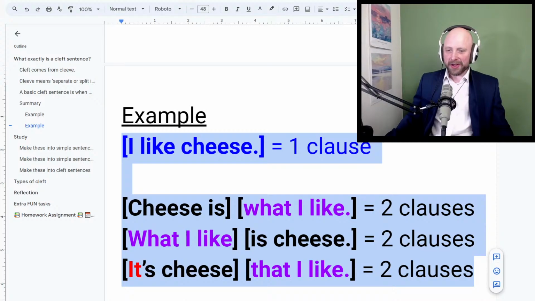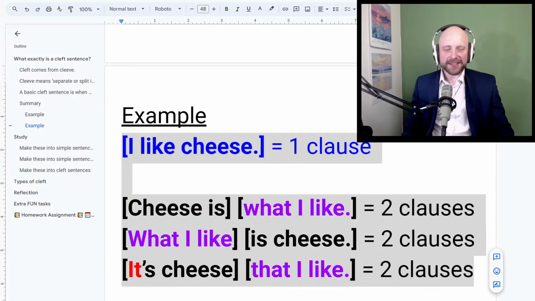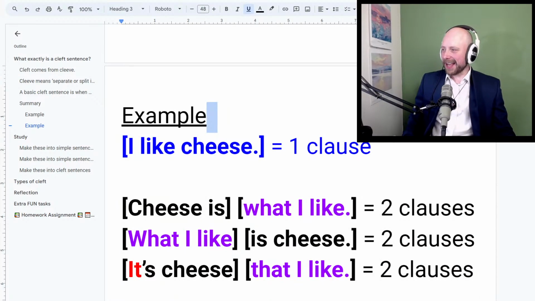Language is all about variety. It's not necessarily about simplicity. So sometimes, we like to use different colors to paint different things. And that's what cleft sentences are all about. They are different ways of saying stuff, which makes the language interesting.